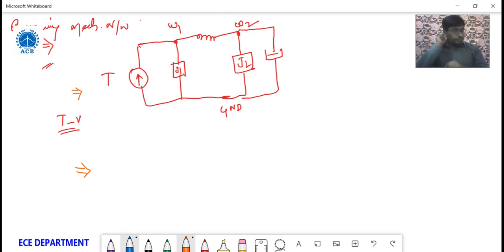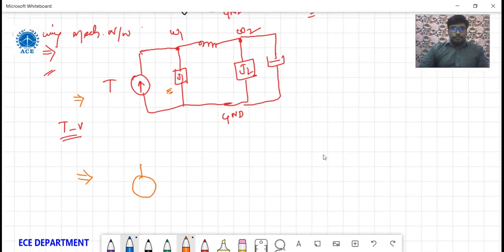Remember this one, I am repeating. While drawing the electrical network from the rearrangement of the mechanical network, convert the elements of mechanical to electrical, and also whatever the elements present here, series become parallel, parallel become series, you need to draw. So you need to remember all these things.